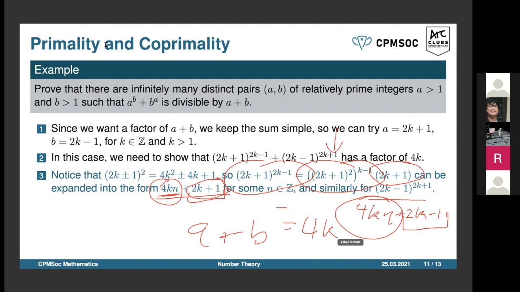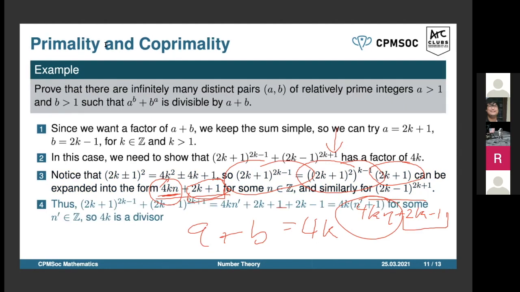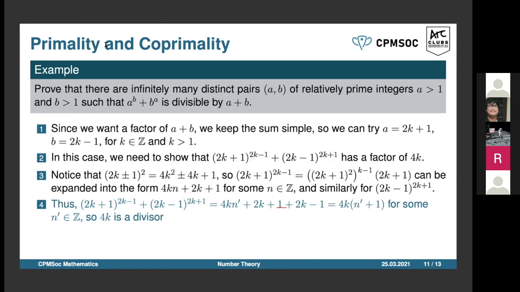So if we continue along, we end up expanding out everything, and you end up with something kind of ugly. But basically all I'm saying here is you've got a factor of 4k, and then what's left over is 2k plus 1, 2k minus 1, which ends up having a factor of 4k, right? So 4k here is definitely a divisor.